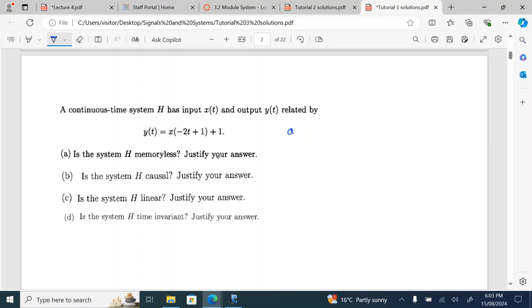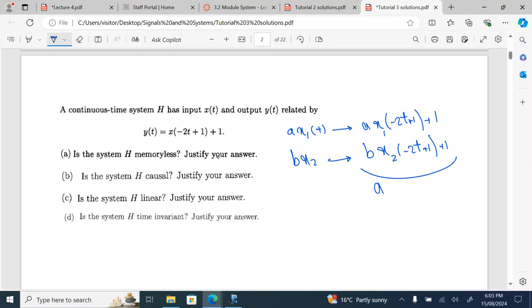So if I send ax1 t, what I get is ax minus 2t plus 1 plus 1. And then if I send bx2, I will get bx2 minus 2t plus 1 plus 1. And then if I add these two, I have a component of ab plus 2.